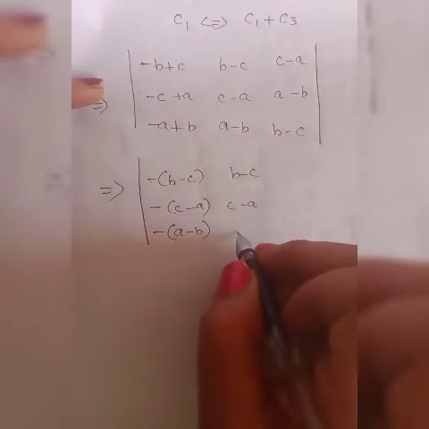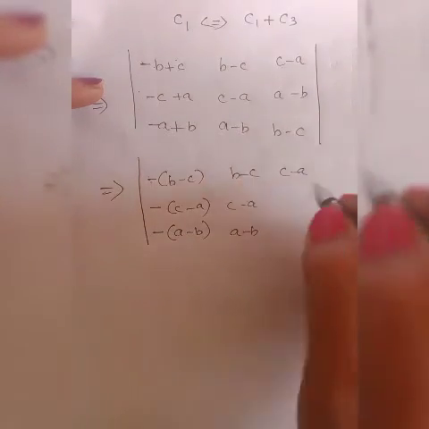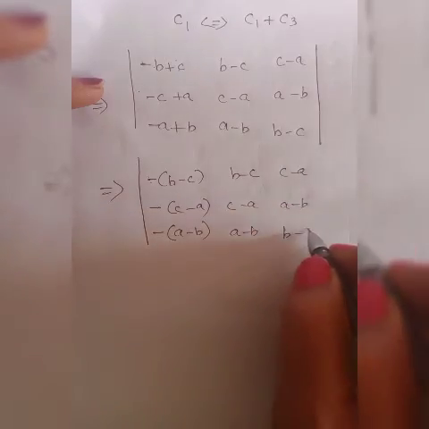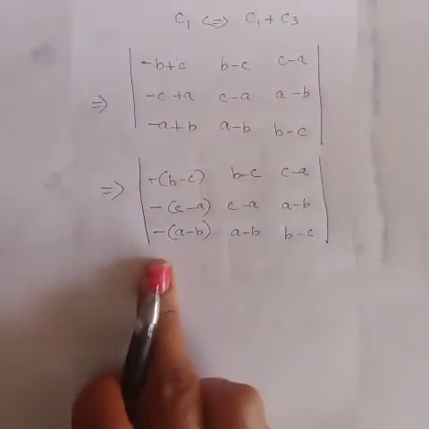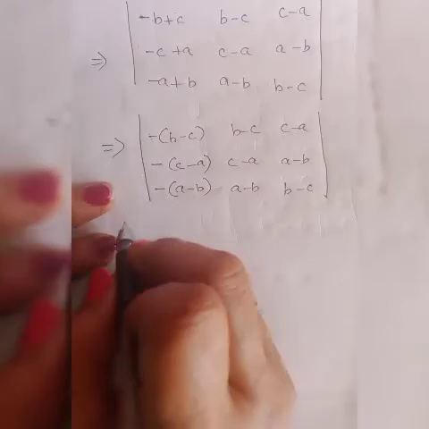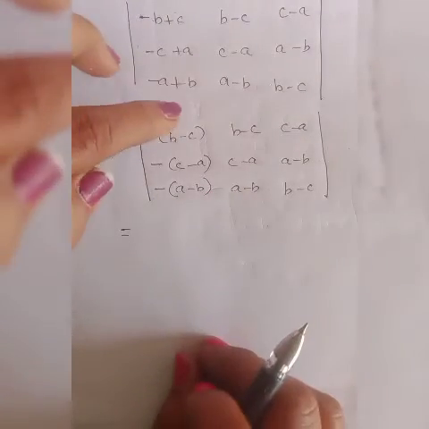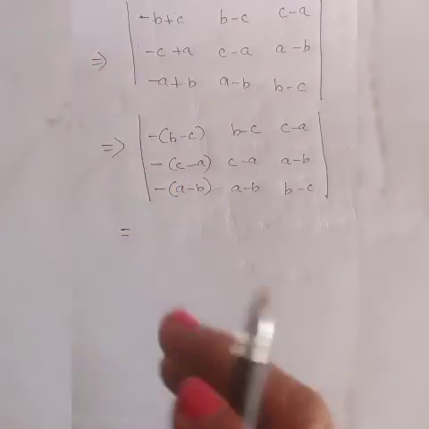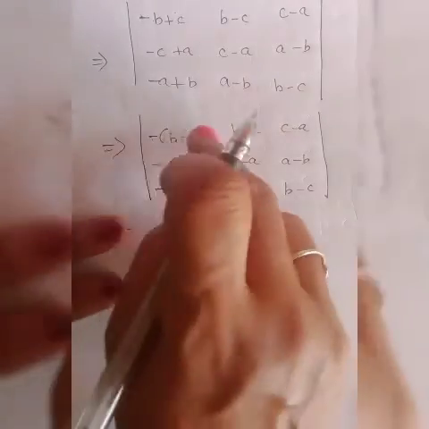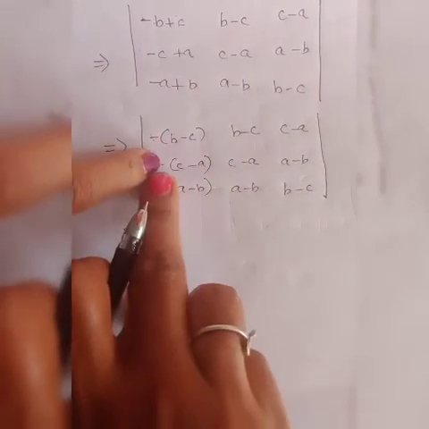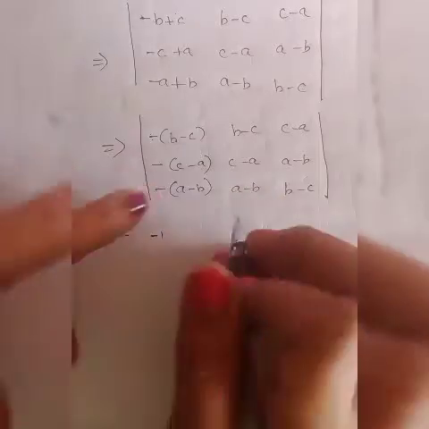Now I am going to use another property. Using that property, from this entire column I can take minus 1 outside. That is, minus 1 into b minus c, minus 1 into c minus a.